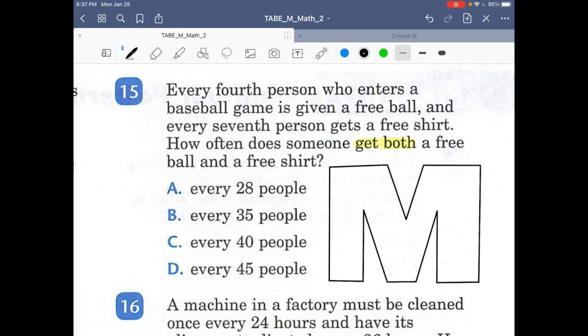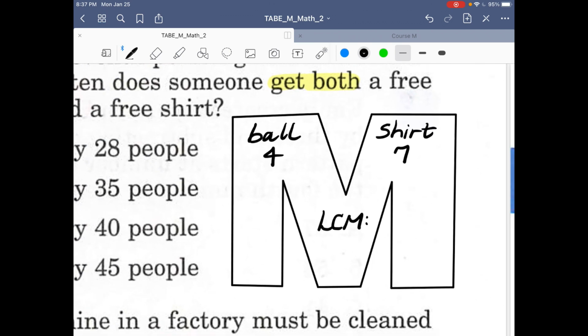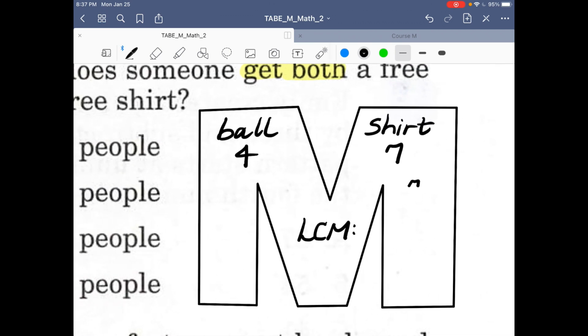All right, so on the free ball, that is going to be every 4th person, and the free shirt is going to be every 7th person. And we want to know when a lucky person will get both of those. So on the shirt, we've got 7, 14, 21, 28, and then we have 4, 8, 12, 16, 20, 24, 28.